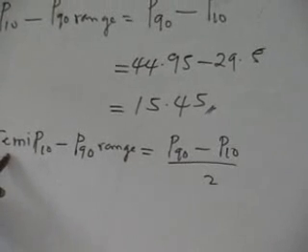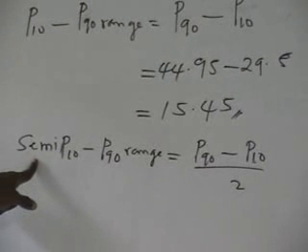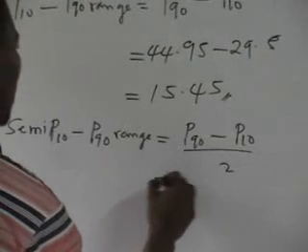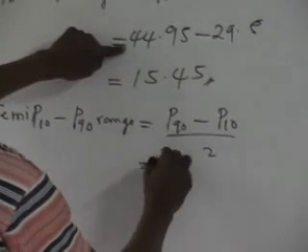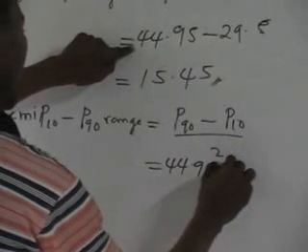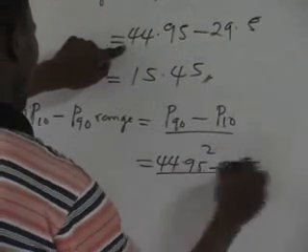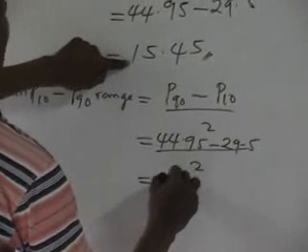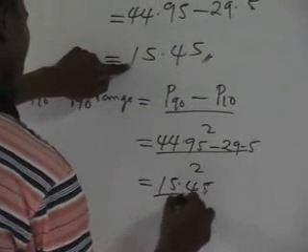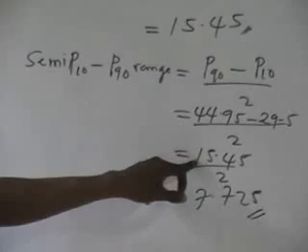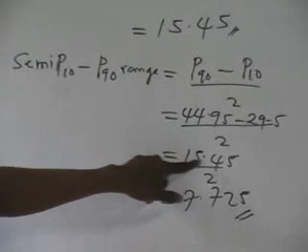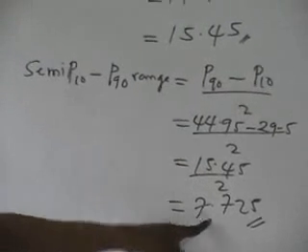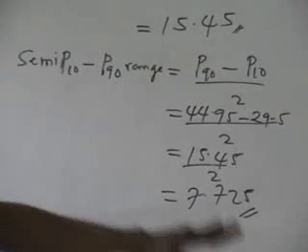Anytime you hear the word semi, it means to divide that thing by 2. So 44.95 minus 29.5, divided by 2, is 15.45 divided by 2, which will give us 7.725. Are we together? That's the answer.